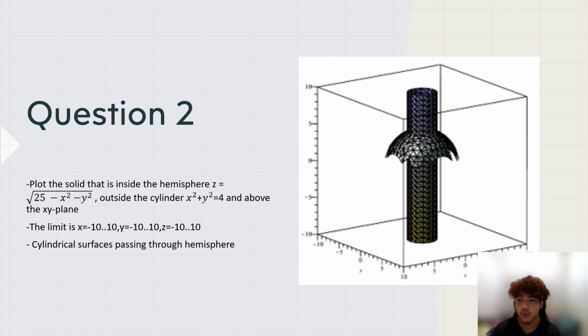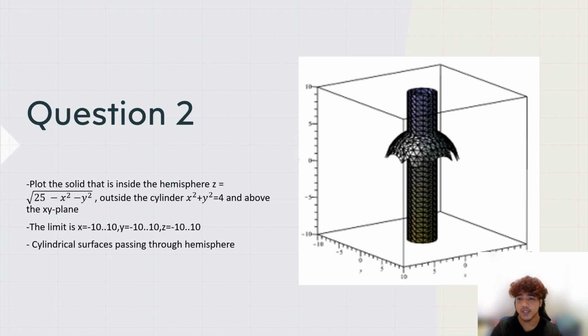And this is the last question, which is question 2 for section B. The question asks me to plot the solid that is inside the hemisphere z equals square root of 25 minus x squared minus y squared, outside the cylinder x squared plus y squared equal to 4 and above the xy plane. For this question, I also use the technique of implicitplot3d.